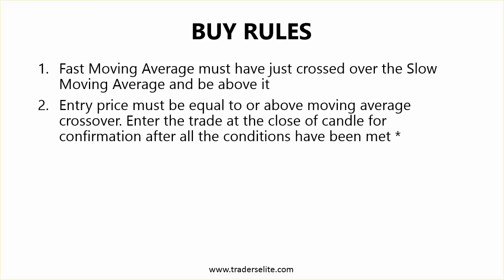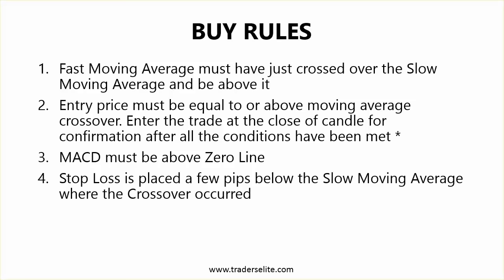But in trading, close is king. So for confirmation, it's always good to wait for the close of the candle before entering a trade. The MACD must be above the zero line, and the stop loss is placed just a few pips below the slow moving average where the crossover occurred.